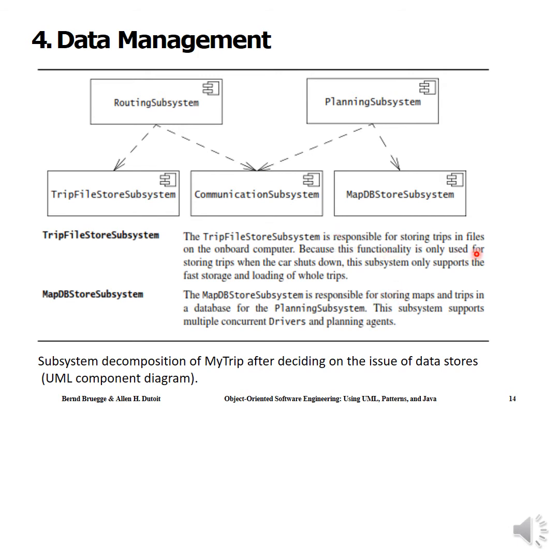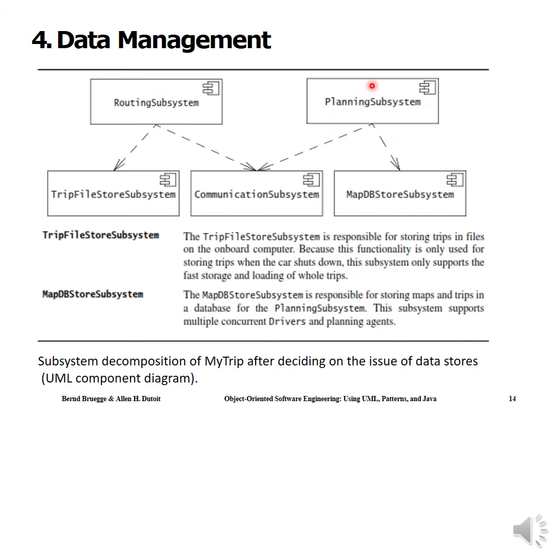Because this functionality is only used for storing trips when the car shuts down accidentally, this subsystem only supports the fast storage and loading of the whole trip. So we don't require database storage over here.